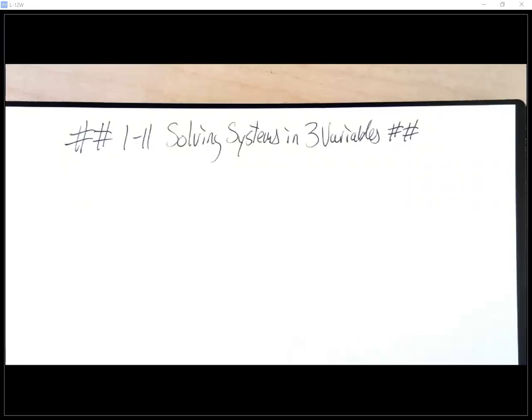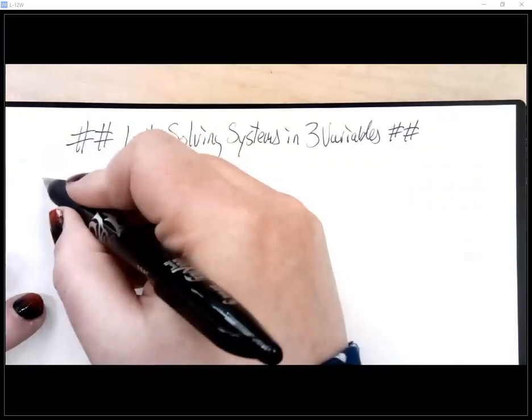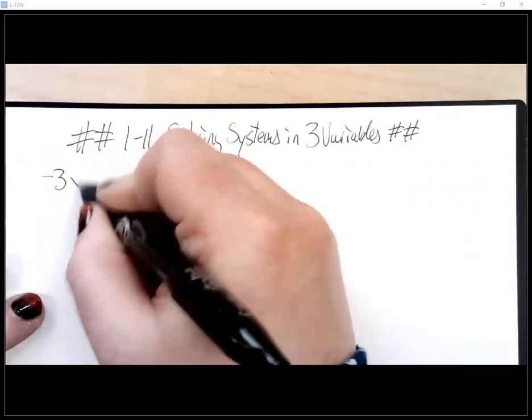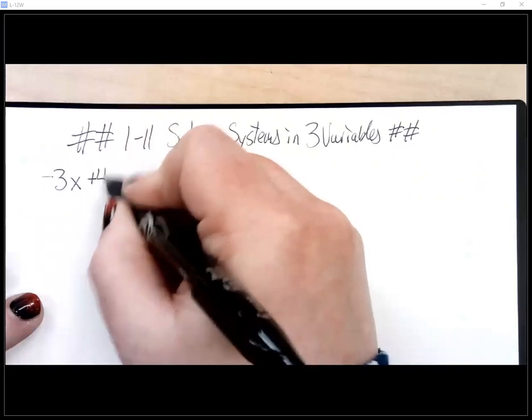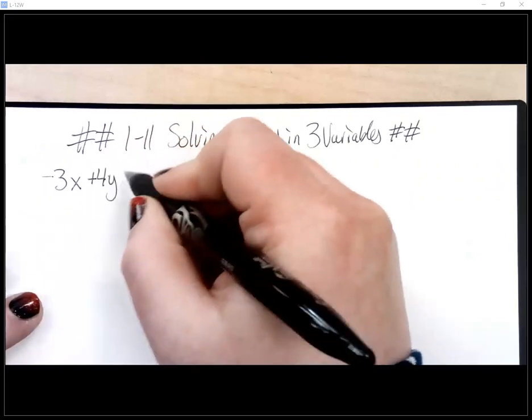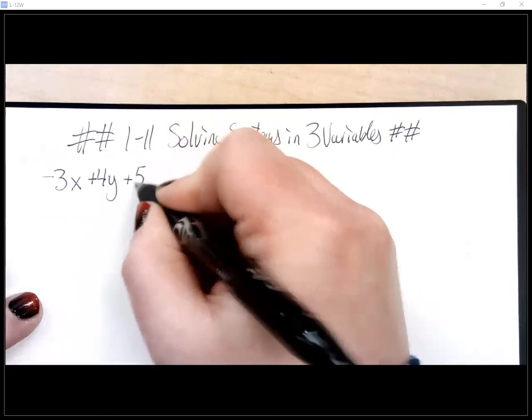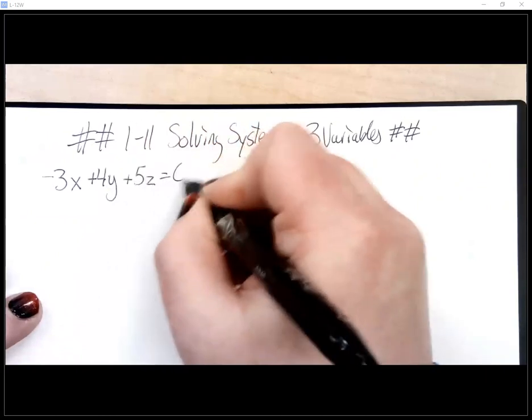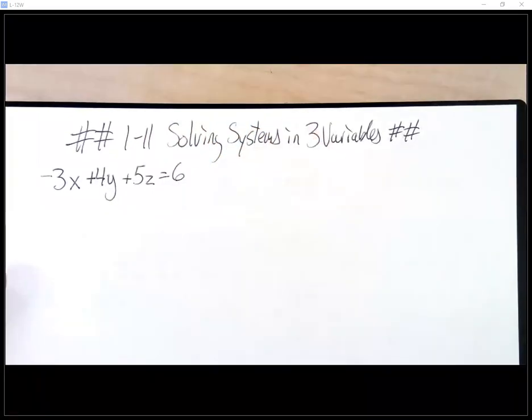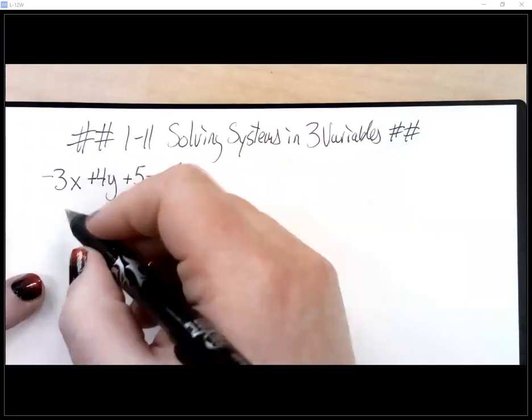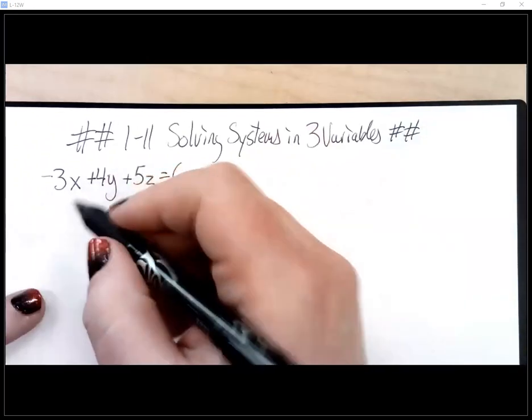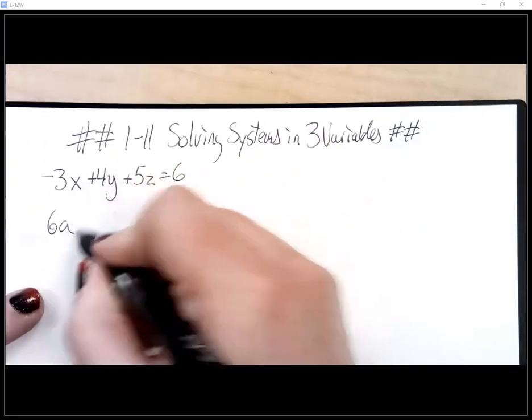Okay, so here's my example problem. Negative 3x plus 4y plus 5z equals 6. So when you have 3 variables, that means you need 3 equations. 2 variables, 2 equations, right? So same thing, if I had 4 variables, I would need 4 equations. So I have 3 variables, so I'm going to need 3 equations altogether.